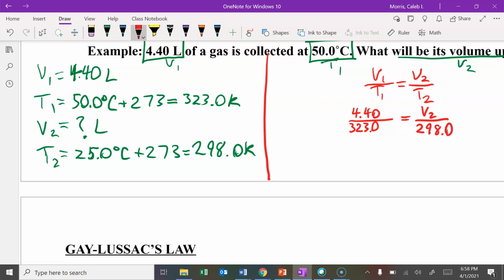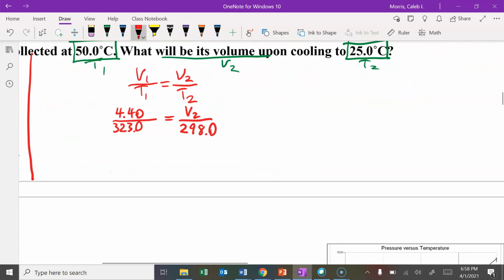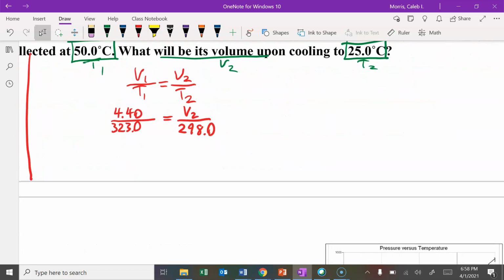All right, and if I wanted to solve for this, I need to get V2 by itself. Right now I have V2 divided by 298. If I wanted to get rid of that 298, I would multiply on both sides. So multiply by 298.0 on both sides. Or you could cross multiply.